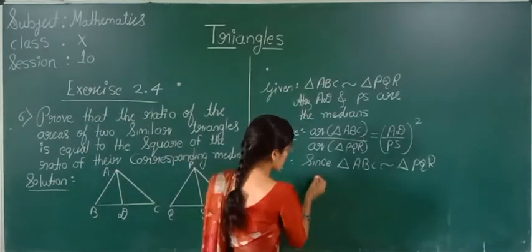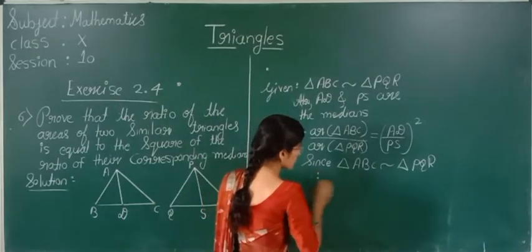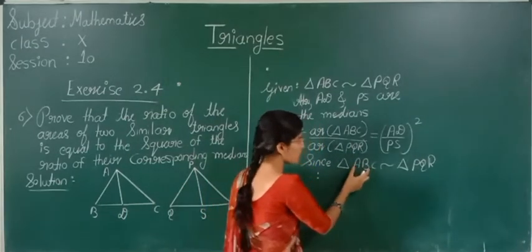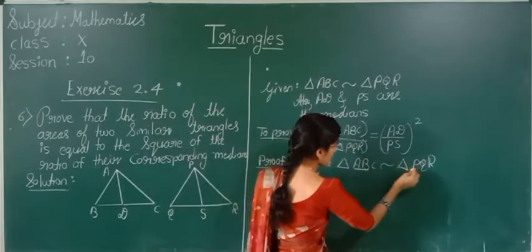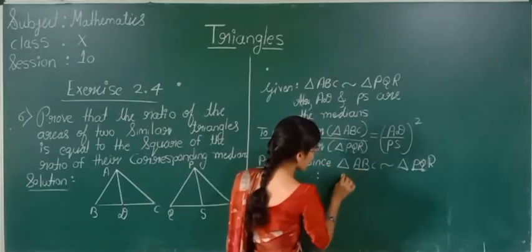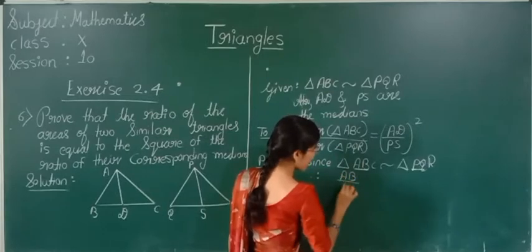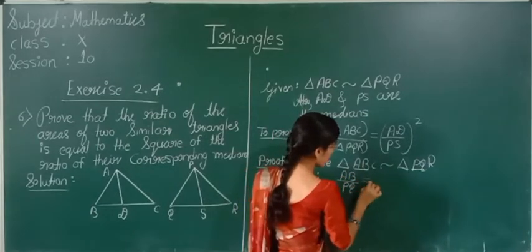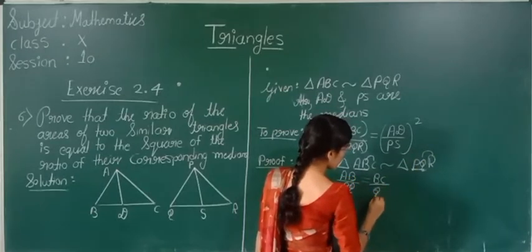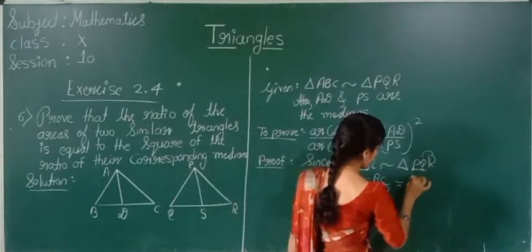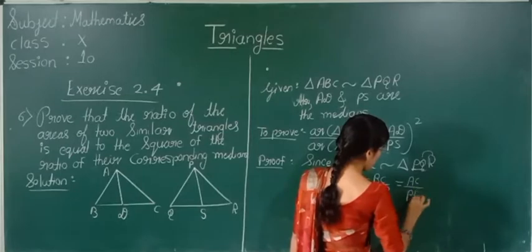We knew that. So therefore, you have to be very alert here. If you are taking your AB, the next should be PQ, right? AB by PQ is equal to BC by QR is equal to AC by PR.